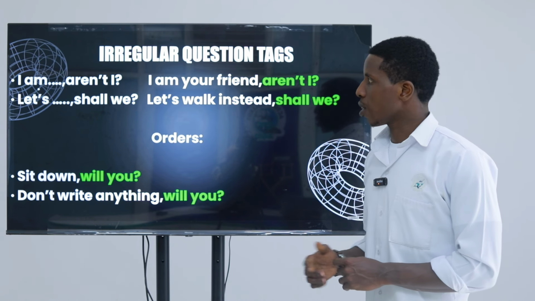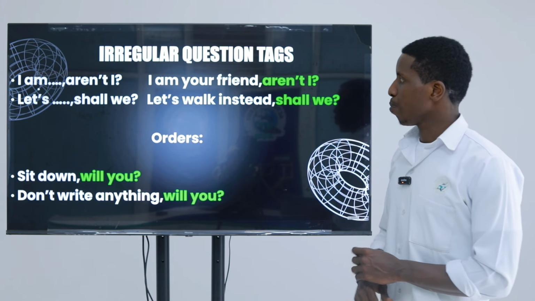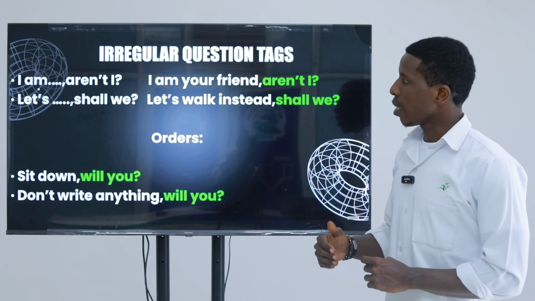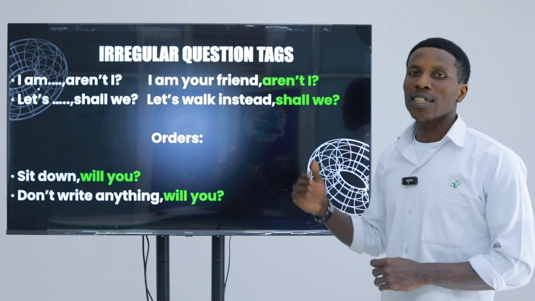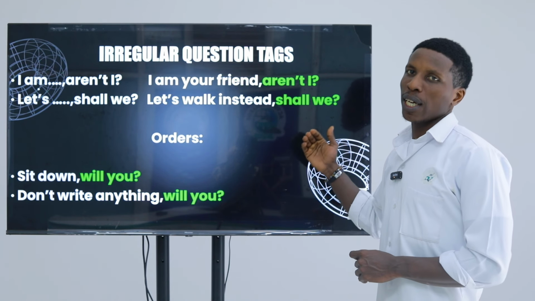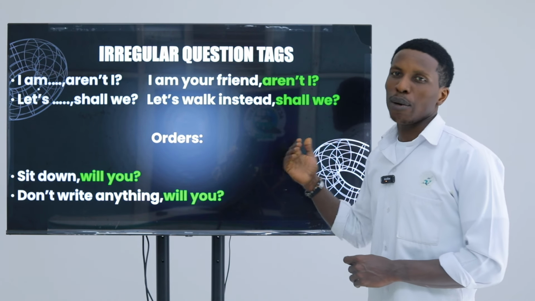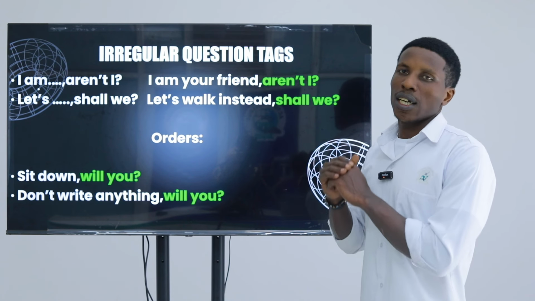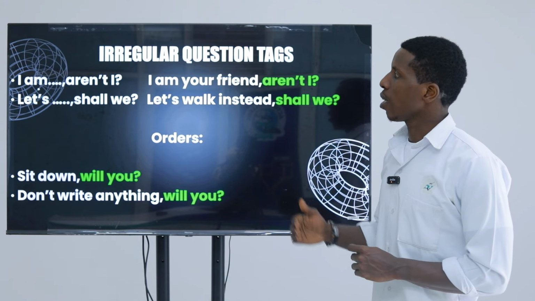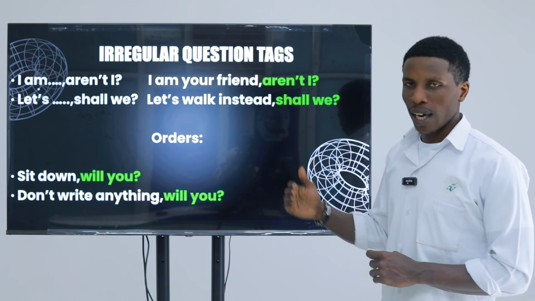So this is irregular, as I said. An example here, I'm your friend, aren't I? I would say am not I, but as I said, that is not correct in English. So we say, I'm your friend, aren't I?